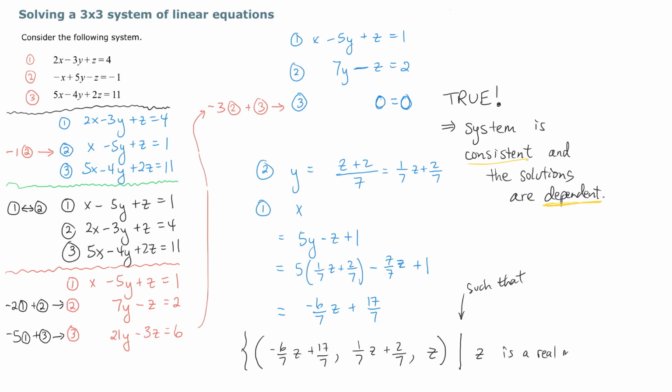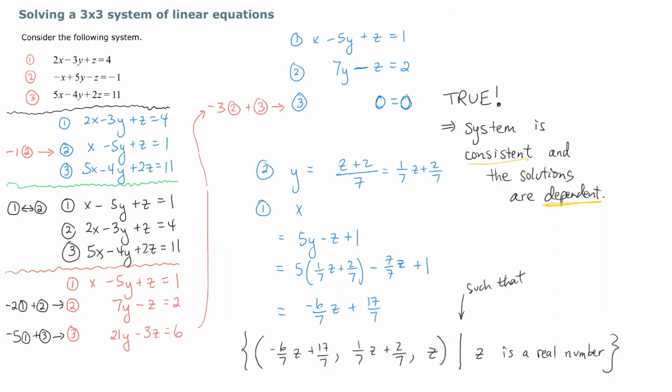So every ordered triple that satisfies the system of equations has to have these kind of relationships. Your x value is very specific, but you actually have to have this kind of pattern. Now, your dependent variable could have easily been y. So you actually had two choices here.